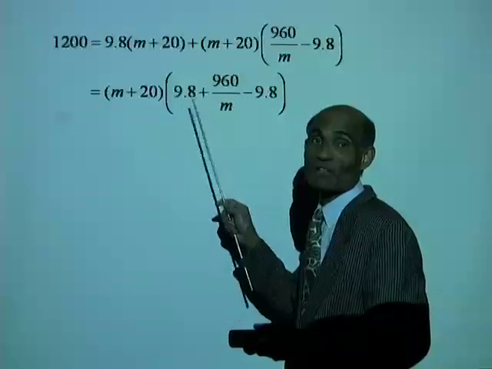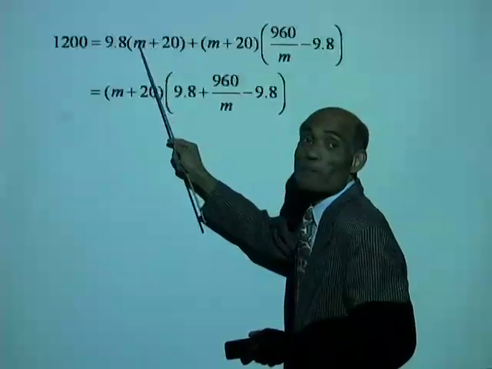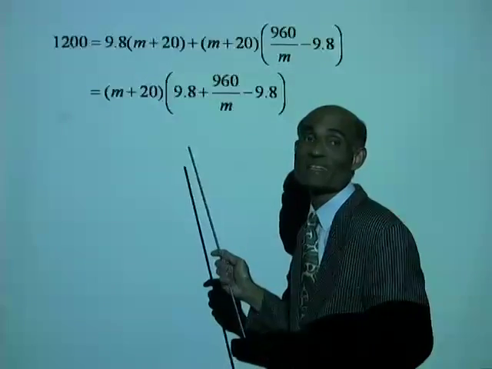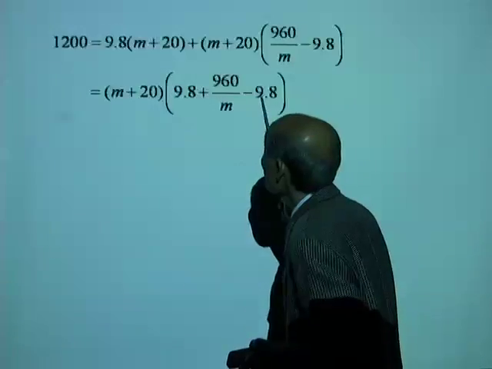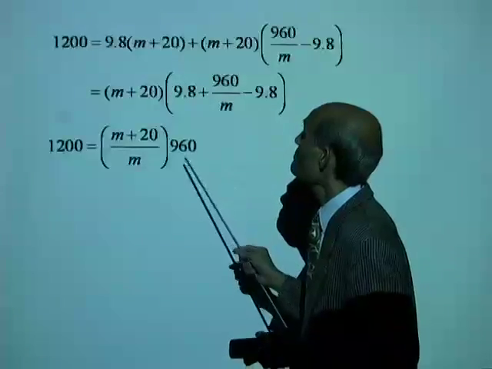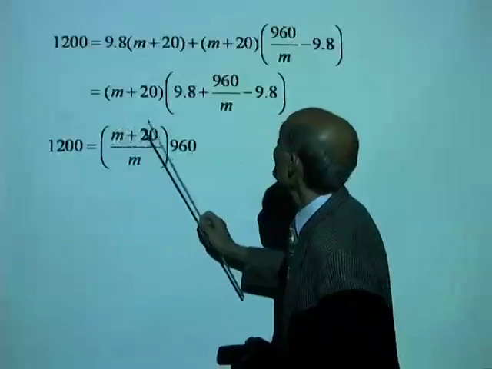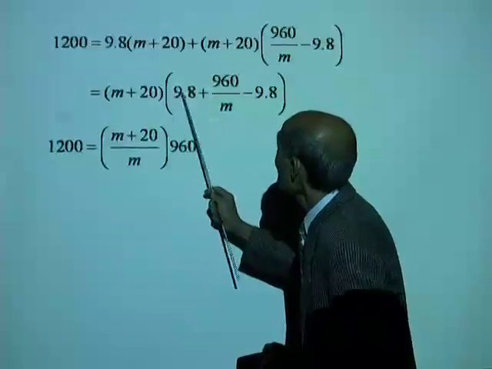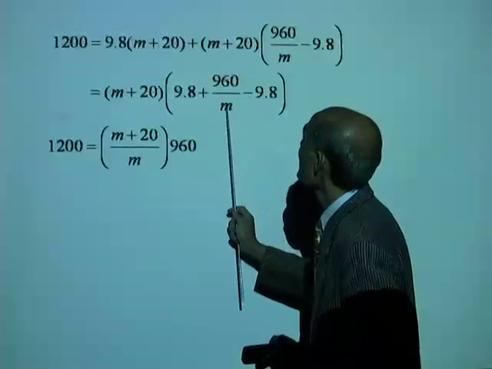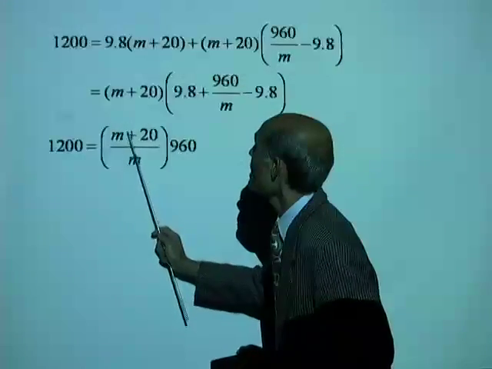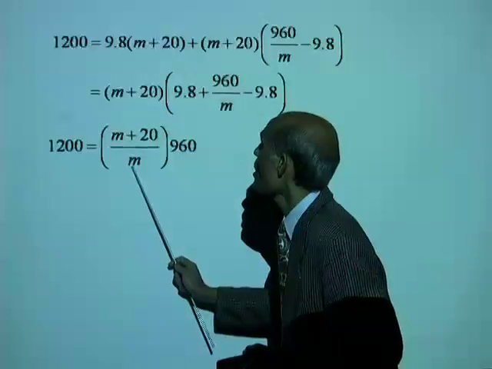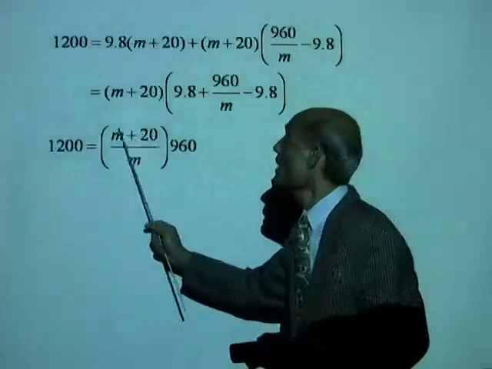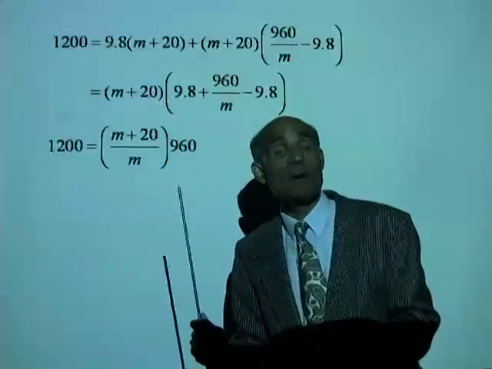Alright, did you see what I did? I factored out m plus 20, and the remaining is this. And that gives me 1200 equal to m plus 20. I took this, cancelled the 9.8 and negative 9.8, took this m and put it under here: m plus 20 over m times 960. And now I got an equation in terms of m alone.